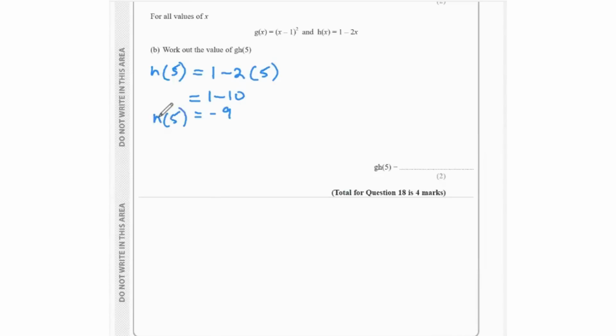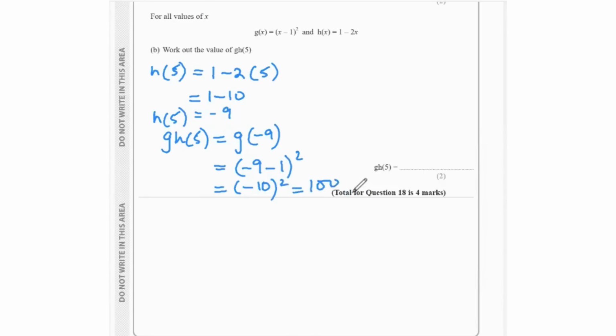So if h of 5 is negative 9, that means g of h of 5 is the same as g of negative 9. H of 5 was the domain of g of x, but since we have the value of h of 5, which is negative 9, now negative 9 is the domain of g of x. So that's going to be negative 9 minus 1 whole square, negative 10 whole square, which is 100. So that's your final answer.